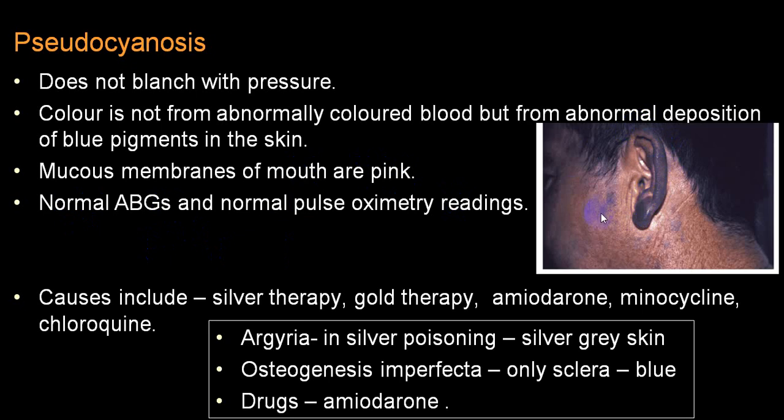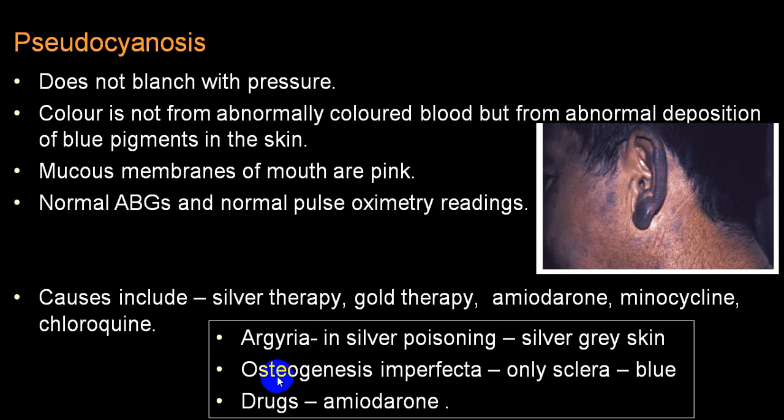This is very commonly seen with amiodarone, and also sometimes with silver poisoning, that is called argyria, or with gold therapy, minocycline, or occasionally chloroquine. Drugs like amiodarone will produce a pseudocyanosis involving the ear pinna and the skin around it.